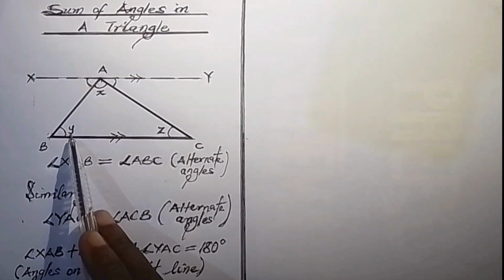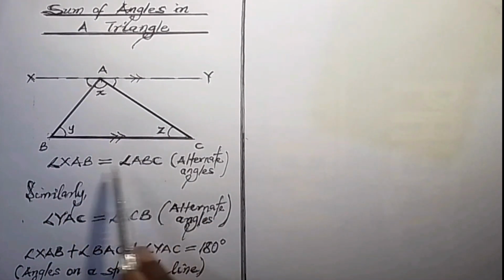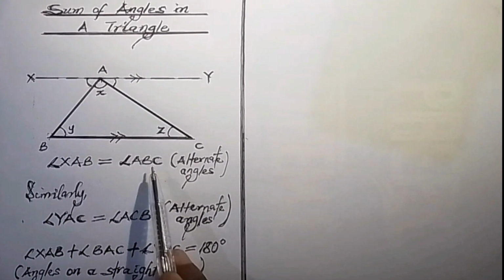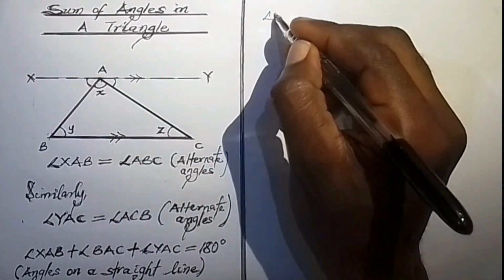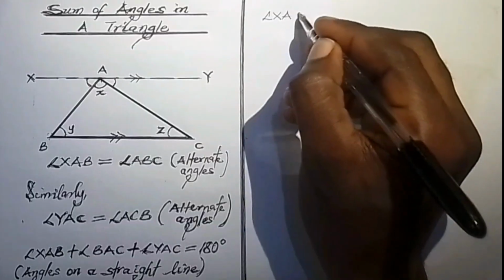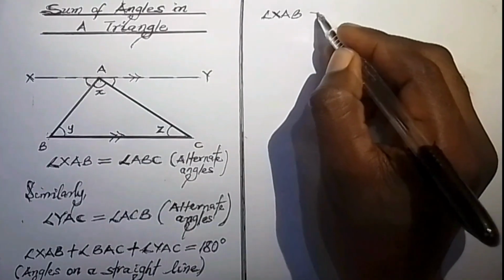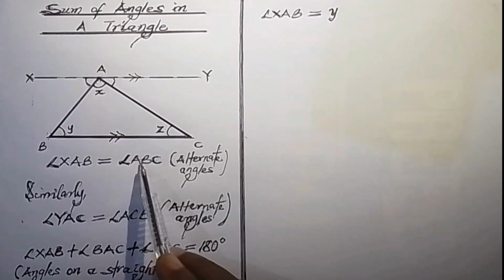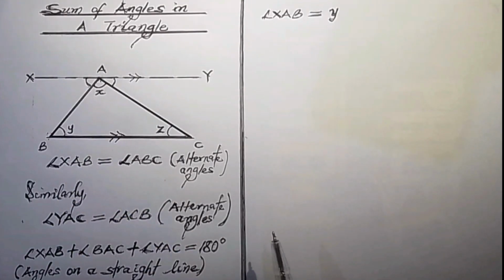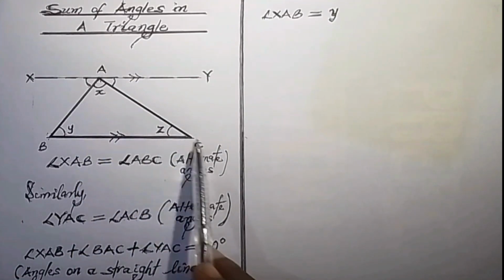ABC is Y. Since alternate angles are equal, it means angle XAB is equal to Y because ABC is Y. Also, angle YAC is equal to angle ACB, and this is ACB.